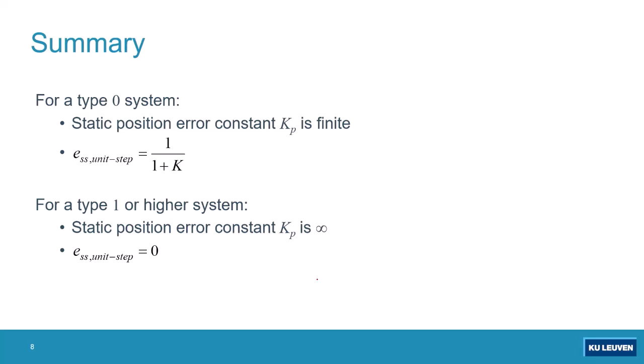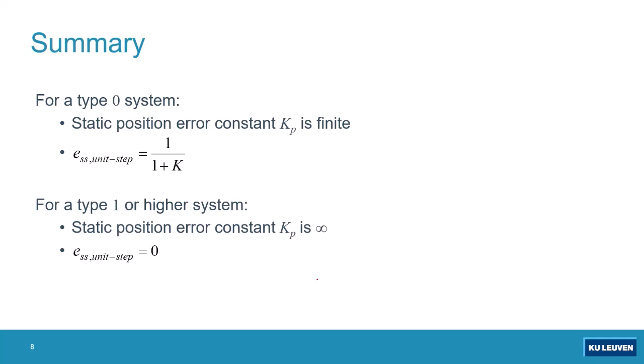So to summarize what we just discussed, for a type 0 system, the static position error constant Kp is finite, because the steady state error for a unit step input is equal to 1 over 1 plus Kp. That means the steady state error for a unit step input will also be a finite number. For a type 1 or higher system, the static position error constant Kp is infinite.